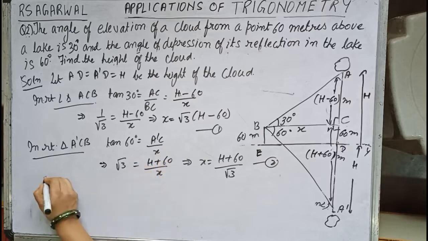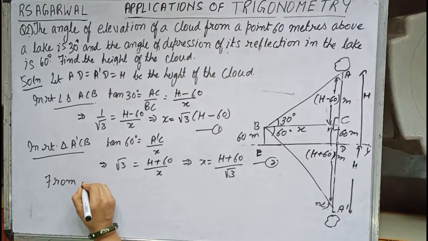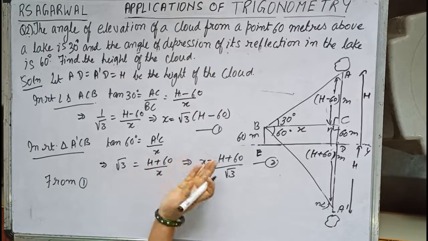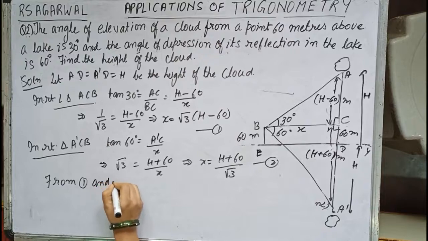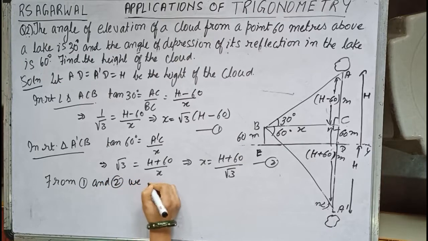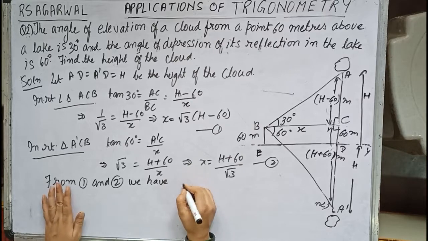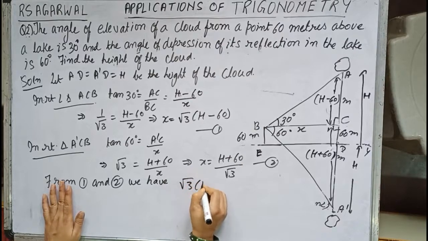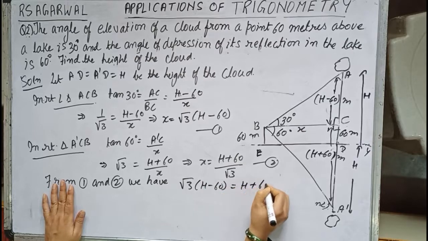Now from 1 and 2, we can do it by substitution method also, but I like to eliminate. We will eliminate X. From 1 and 2, we have root 3 into H minus 60 equals H plus 60 by root 3.